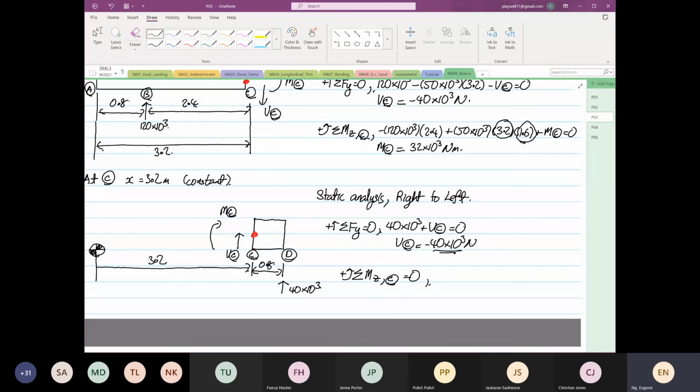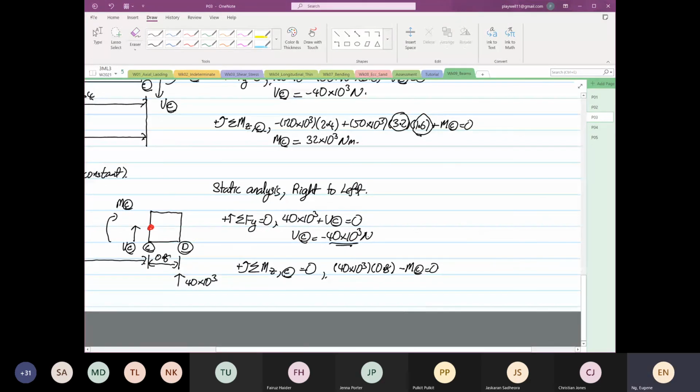Relative to point C, the 40 is going in an anti-clockwise direction, so it's positive, then minus. So the moment at point C is 40 times 10 to the power 3 times 0.8, which is 32.